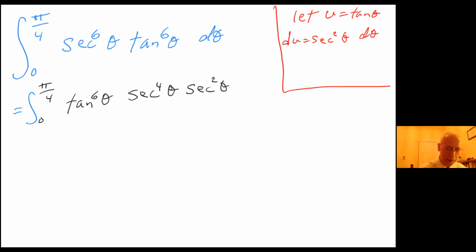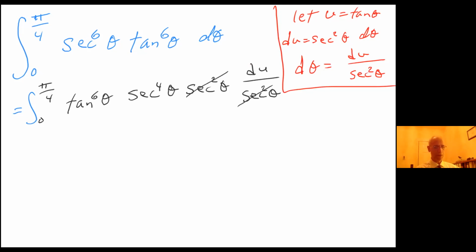I can claim that d theta equals du over secant squared of theta. Once again, for my videos, I like to show every step there is. So instead of d theta, I write du over secant squared of theta, and I can cancel this.